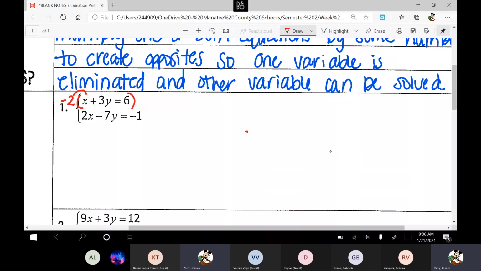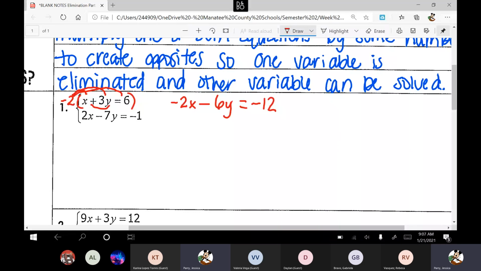So let's distribute -2 times x. I'm going to write it over here, -2x. And then my second jump, -2 times +3y. -2 times +3 is -6. And then we have that variable y. And then we have one more thing to distribute. -2 times +6 is -12.